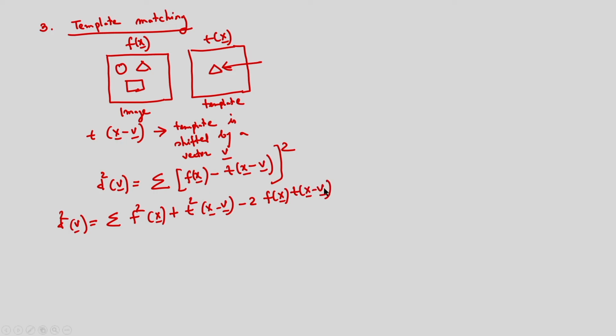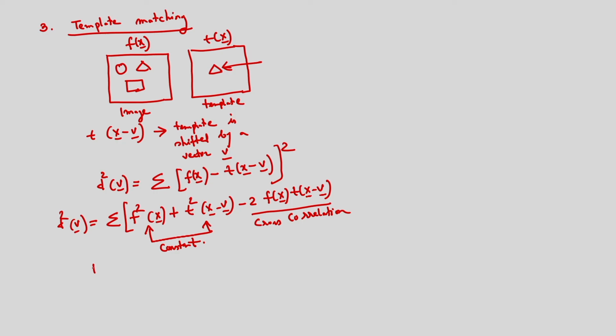So, I am just expanding this one. In this case, if you see this and these two terms, these are constant terms, and if you see this, this is nothing but the cross correlation.